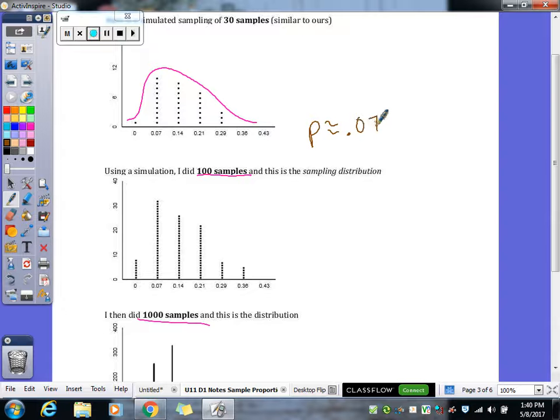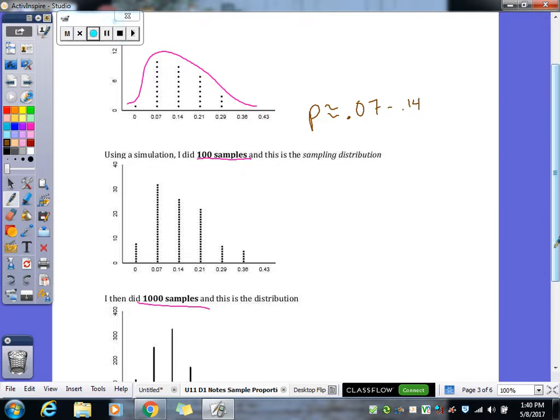I'd say it's kind of closer here, between 0.07 and 0.14 based on that distribution up there, because that's where more of our values are. If we look at the 100 samples, where would we say it's a little closer to? I say it kind of moves a little bit more towards 0.14 because you've got a few more numbers here. It's getting a little bit more even on each side there.